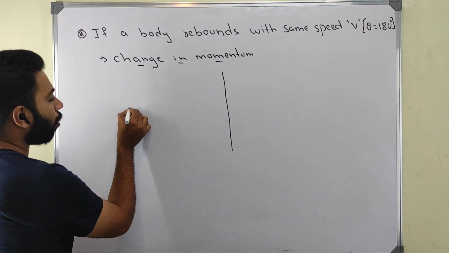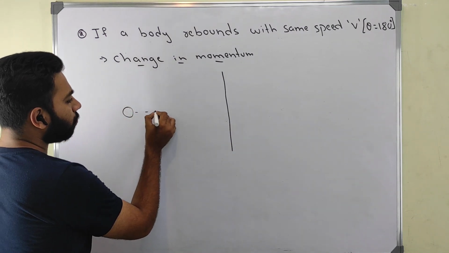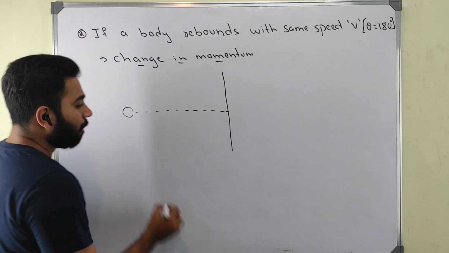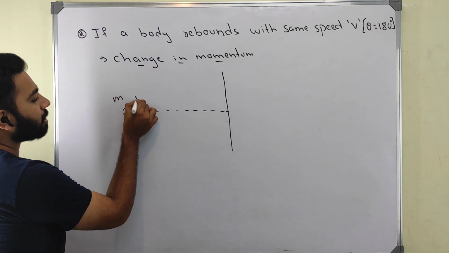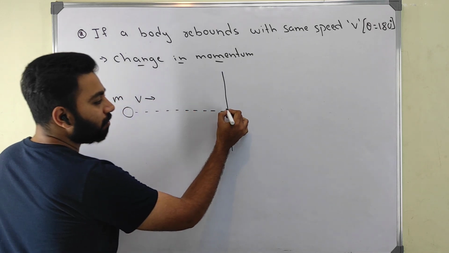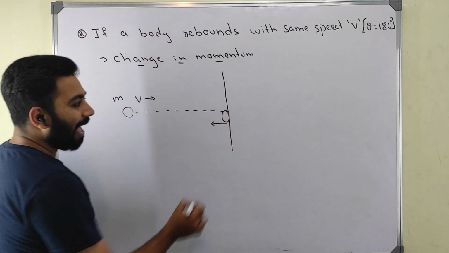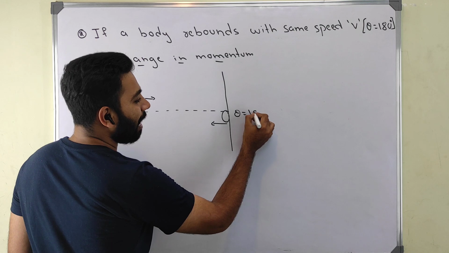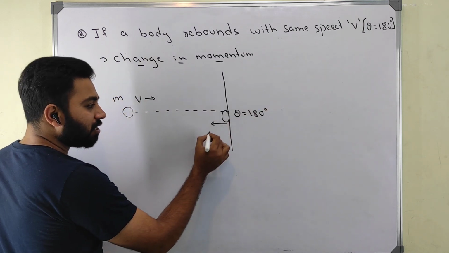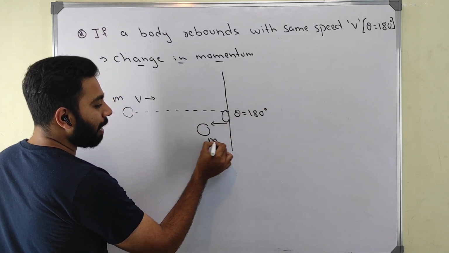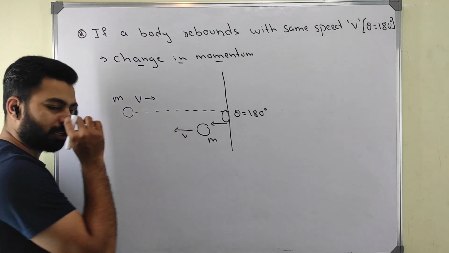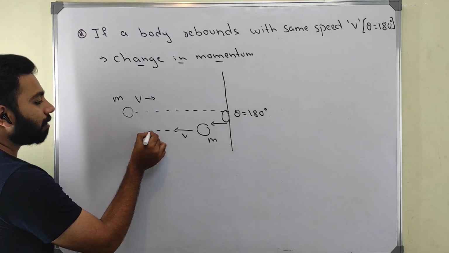Now there is one body here, going in this direction, with mass m and velocity in this direction. After hitting here, this body makes a U-turn, an angle of 180 degrees as mentioned. Then it is coming in this direction, with mass m and velocity in this direction. Okay, which means it is coming like this.